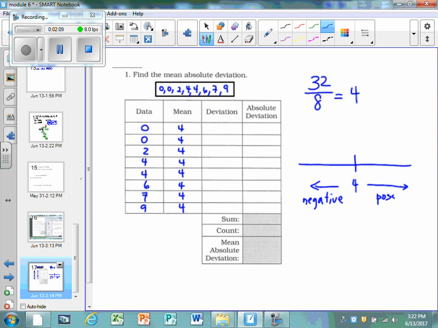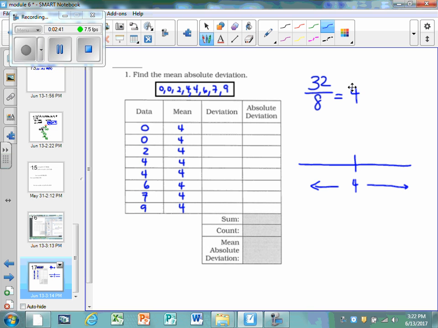So a negative value would be the distance from 4 to the left, and a positive value would be going from 4 to the right. There we go.